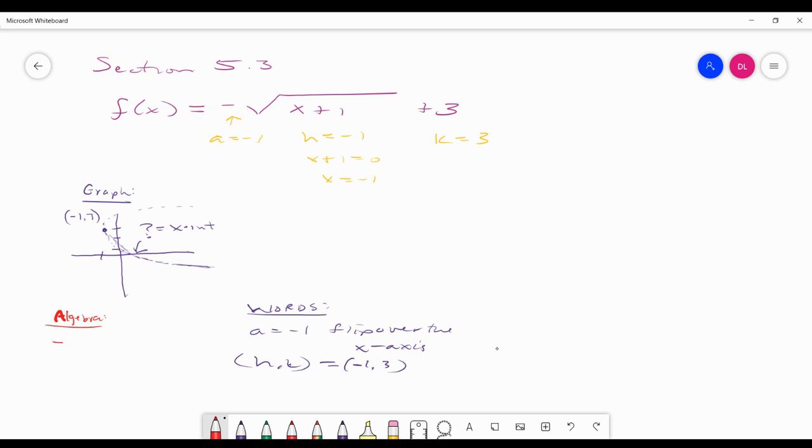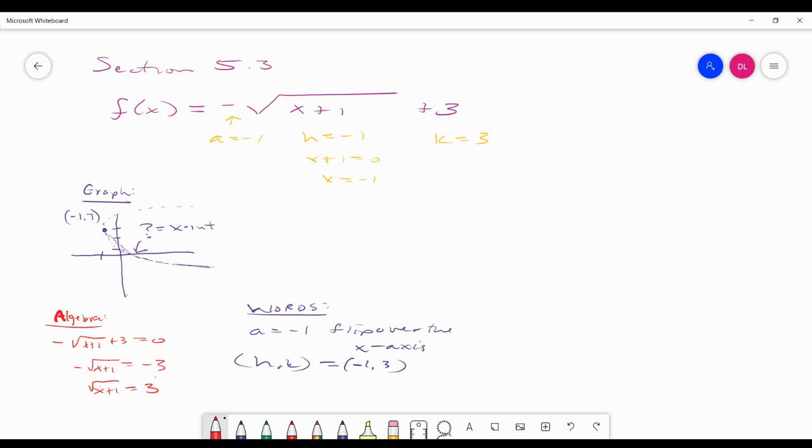So we have negative square root of x plus 1, plus 3 equals 0. And then I'm going to move the 3 over. So I'm going to get negative 1 square root of x plus 1. So we're taking care of some algebra stuff here, guys. Divide both sides by a negative gives me the square root of x plus 1 equals 3, because I divided both sides by that negative.